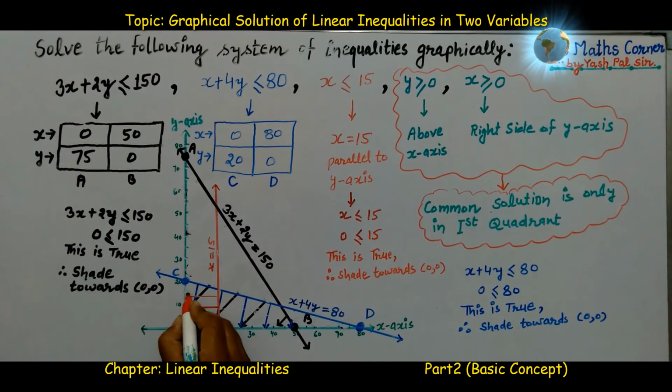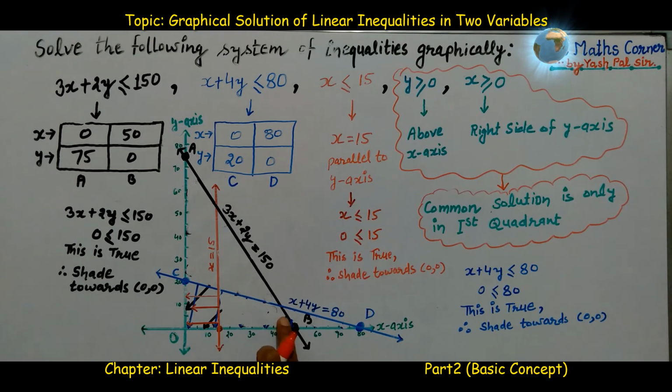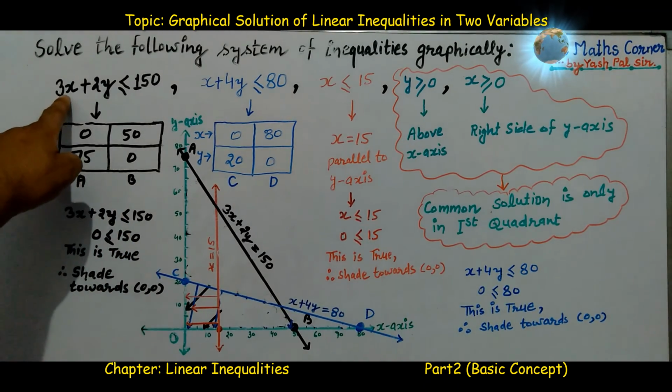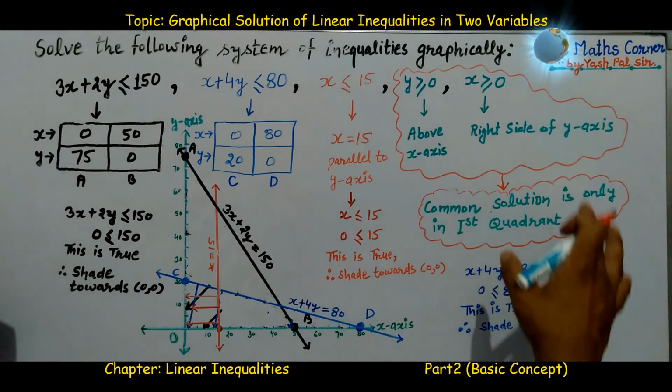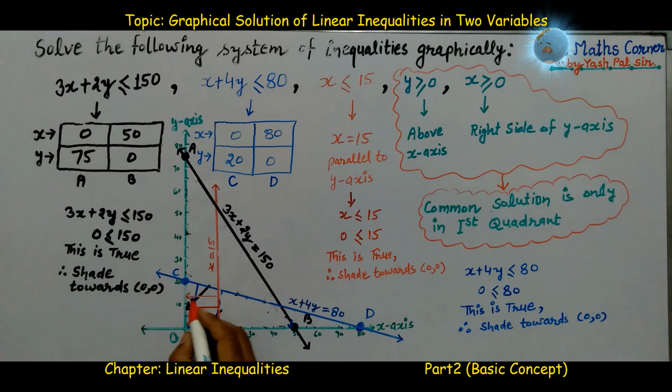Now what is the common portion? Only that is to be retained, the rest we are erasing. That is, this portion is erased. Now we see that for inequalities 1, 2, 3, 4 and 5, all these inequalities, this portion is the common solution, so we can shade it properly.